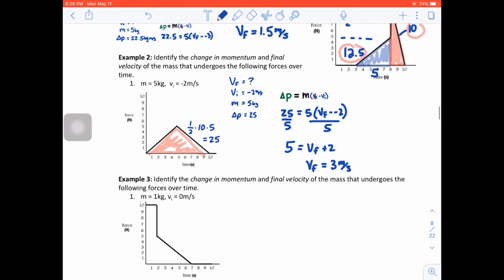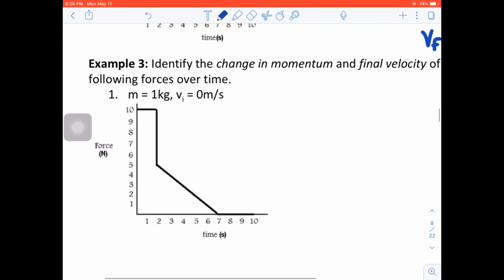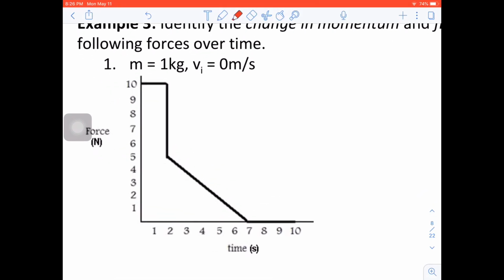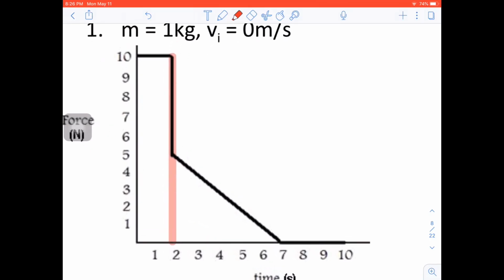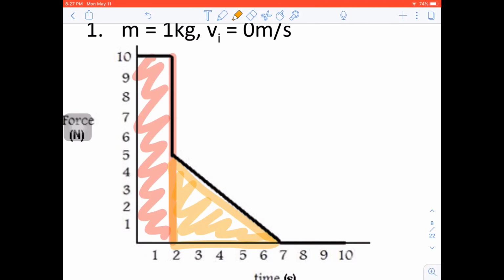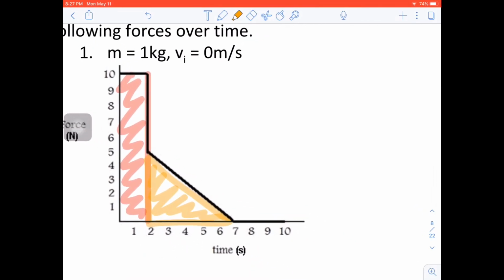Alright, last one. Oh man, looks like we've got a whopper here. Just kidding, it's kind of the same stuff. It looks like I would split that up into a rectangle right here, this shaded region, and then a second shape that's a triangle right here. So maybe pause the video, see what you get when you try it yourself, and then press play and see if we agree.